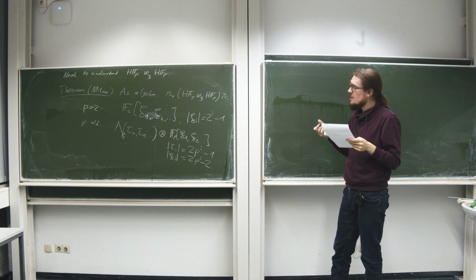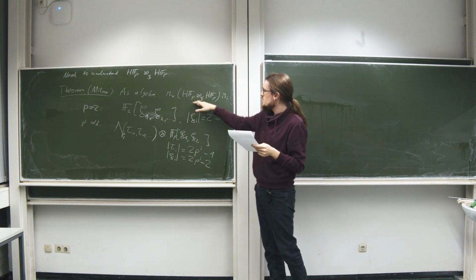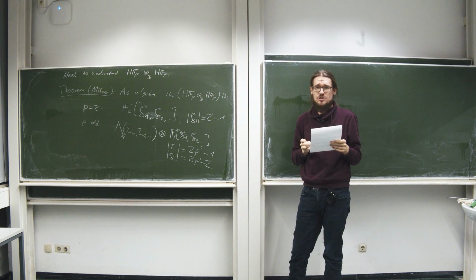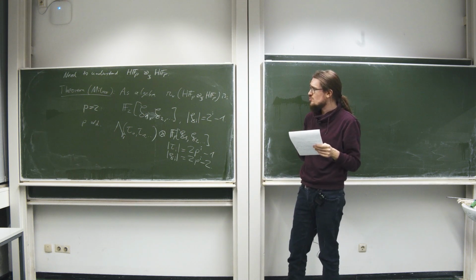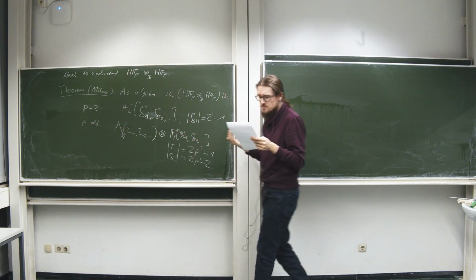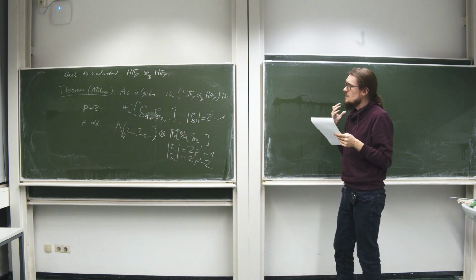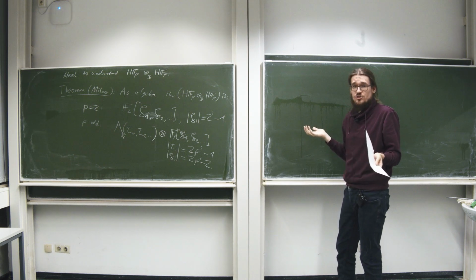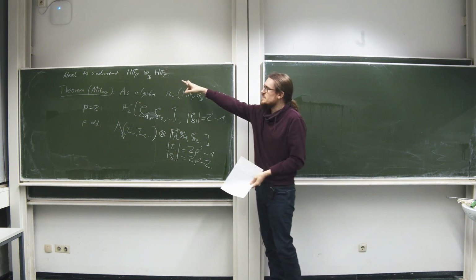So again, this guy, HFP tensor HFP, has an E-infinity structure. This has the structure of a commutative algebra coming from the fact that you've just tensored two commutative algebras together. And it's even a commutative HFP algebra, right? Because HFP maps into this.